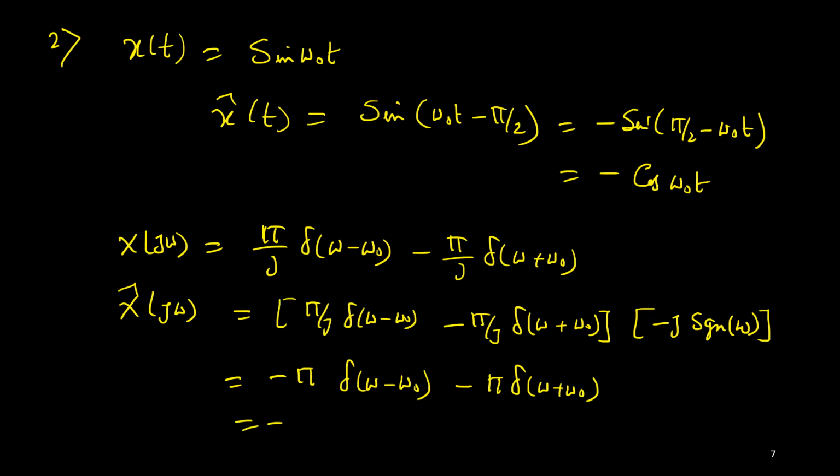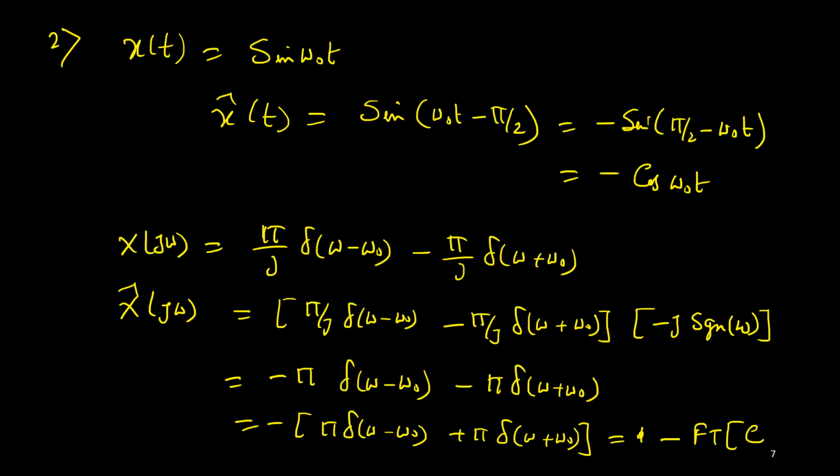So you can take minus common: pi delta of omega minus omega naught plus pi delta of omega plus omega naught, and that is exactly the same as the negative sign of the Fourier transform of cos omega naught t. Right.